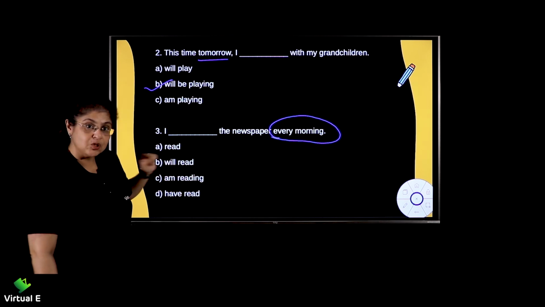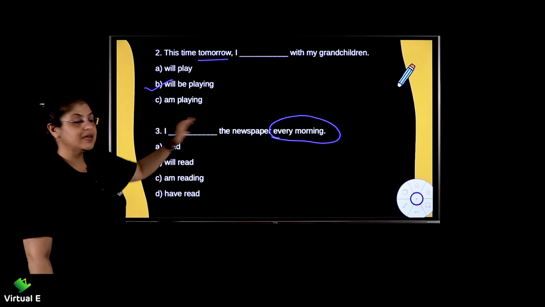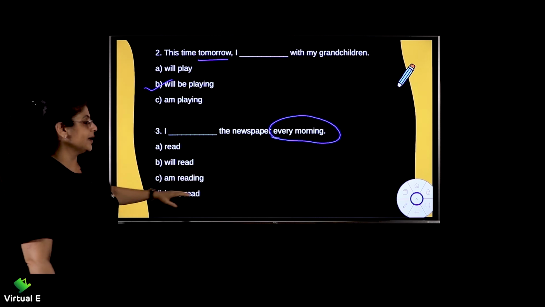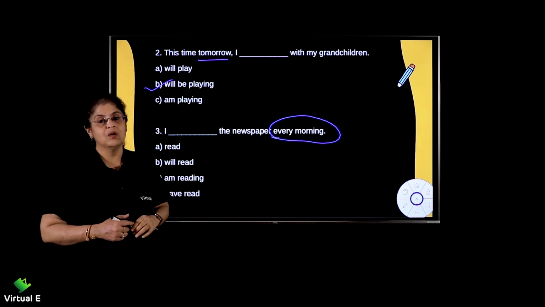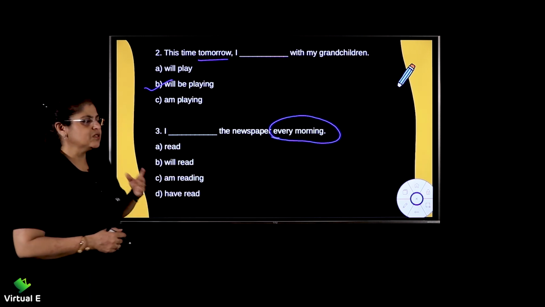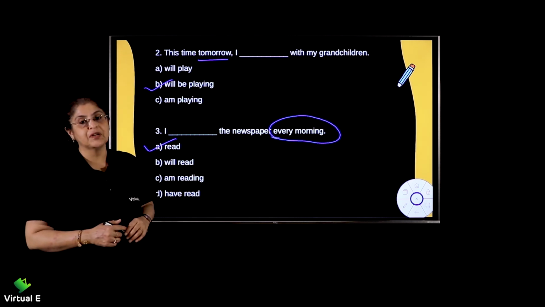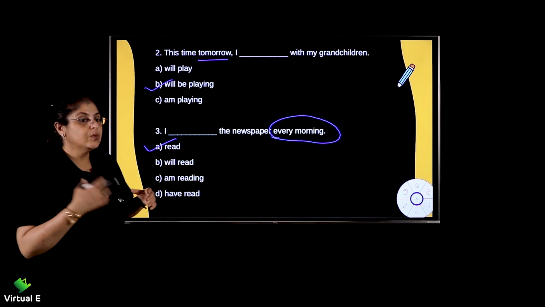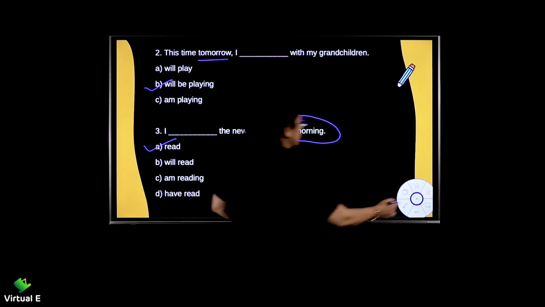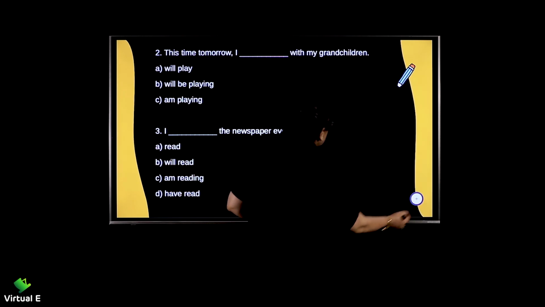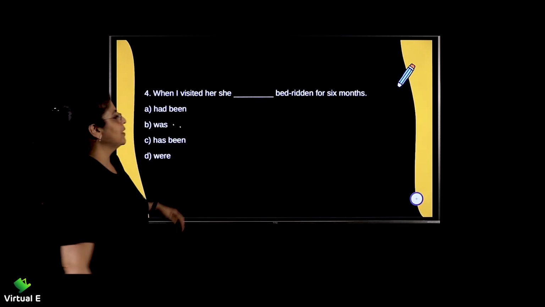I will read the newspaper every morning. I am reading the newspaper every morning, or I have read the newspaper every morning. What sounds better? What sounds music to your ears? Of course, I read the newspaper every morning. It is something which happens on a daily basis. So obviously, you're not going to use any other apart from that.